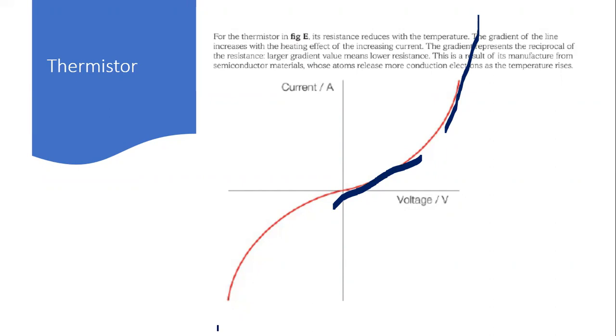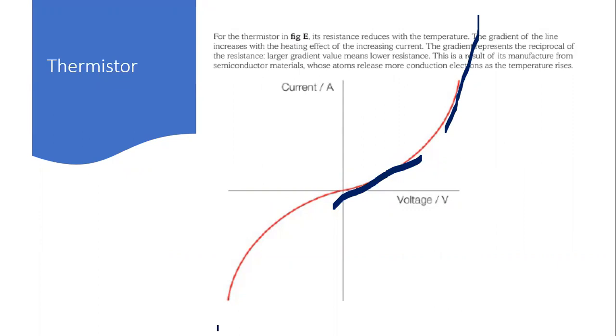Then when we talk about a light dependent resistor, it again acts like a transducer, like a sensor, right? The input it gets is light and it turns it into an electrical output, that is, changes in resistance. It also has an inverse relationship.